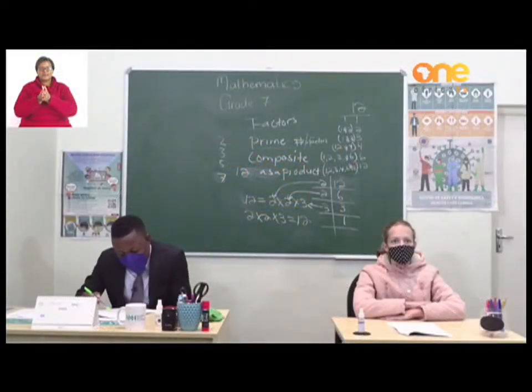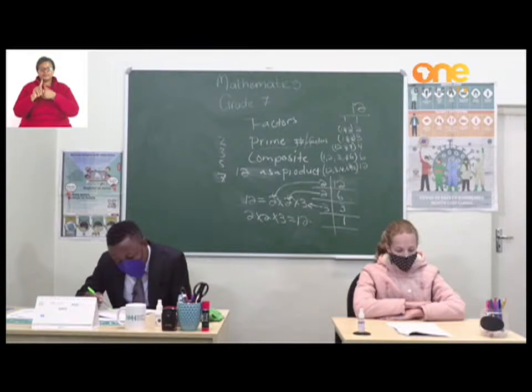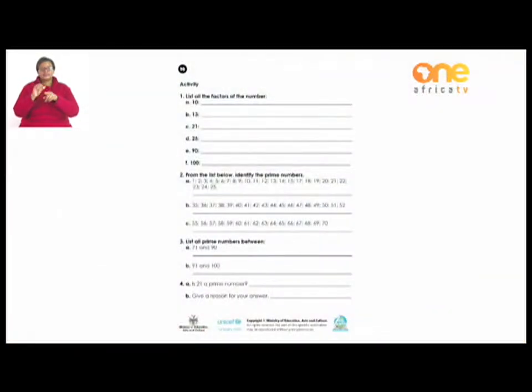Let us now go to page 16 to do the activity. I'll read through the activity and give you guidelines on how to do it. Number 1, you need to list all the factors of the numbers for number 10A, B 13, C 21 until F. Then we move to question 2.